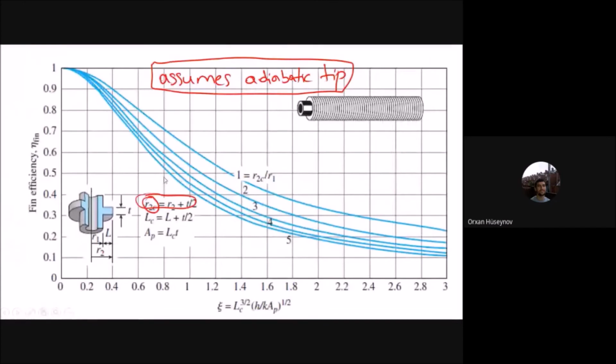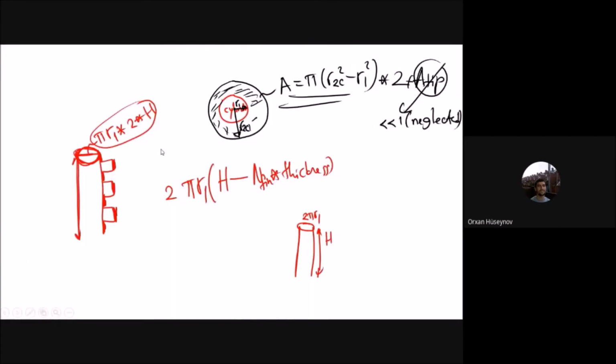Firstly we should find the efficiency of the fin, eta fin, which will be Q dot actual divided by Q dot ideal. It's easy to calculate the ideal part. This one will be from the chart, and then we will find the Q dot actual.